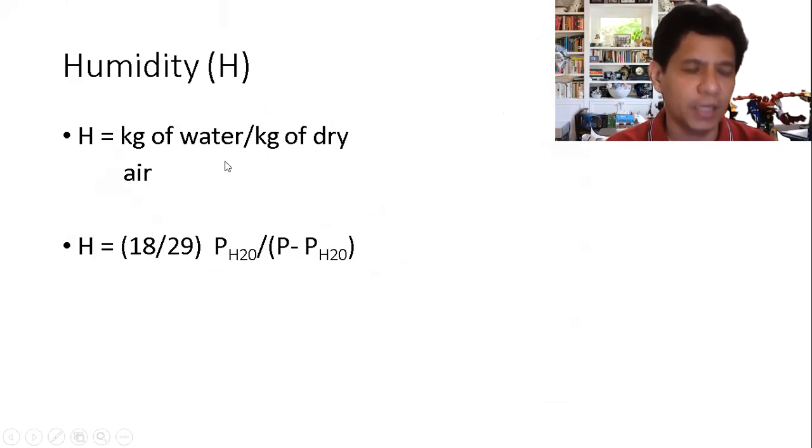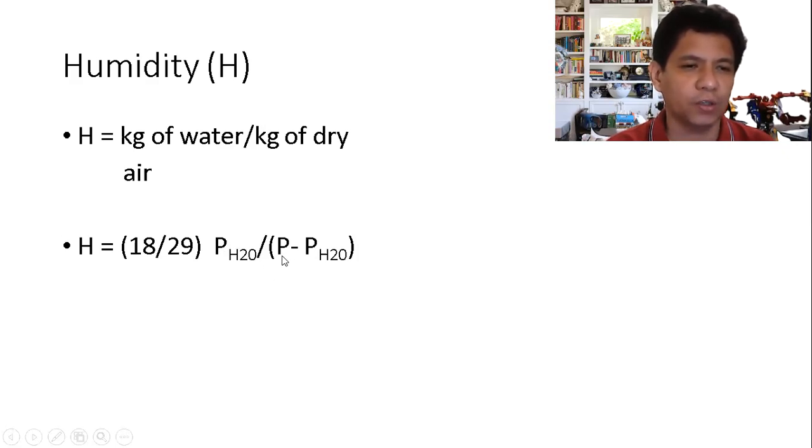So mathematically, generally, we can calculate humidity if you know the partial pressure of water in the air. So this is pH2O all over P minus pH2O.